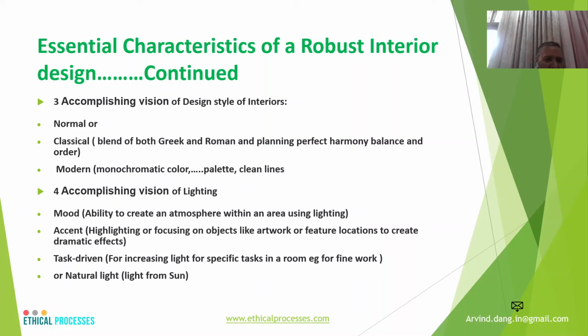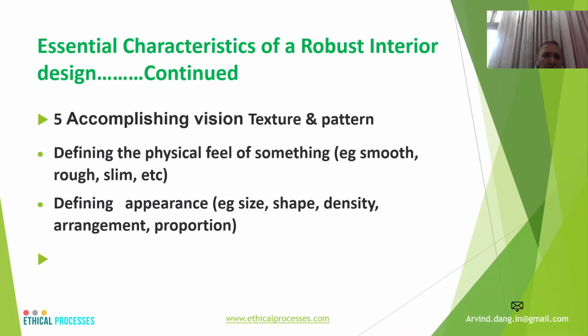And by accent I mean highlighting or focusing on objects like artwork or feature locations, or creating dramatic effects, for example, in the case of softscape areas or the interior artwork areas. And task driven is where some specific task is to be done in a room, or fine work is to be done. The last is the natural light, which is available from the sun.